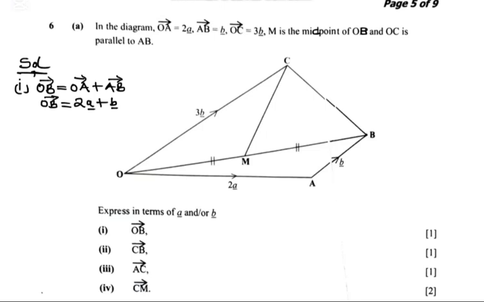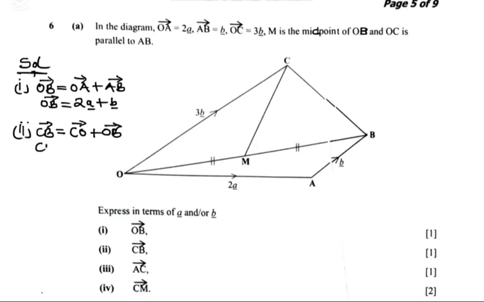So for the direction, we are going to come up with the following. For Roman numeral 2, vector CB is going to equal CO vector, then plus OB vector.